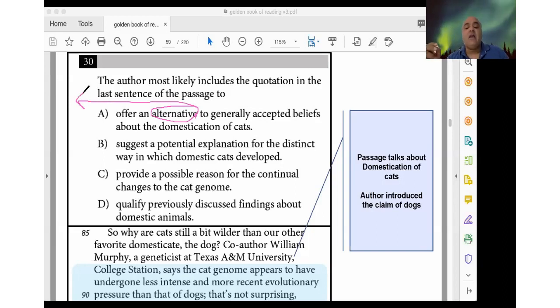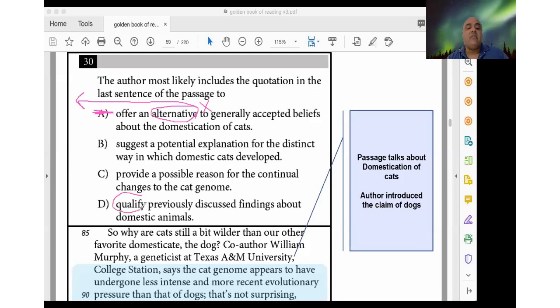The dog, when it's been introduced in here, is being introduced to clarify, to illustrate, to support the genome of the cat, and it is not an alternative. The word alternative is not a supported claim. Choice A is out.